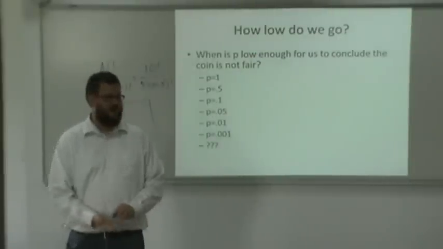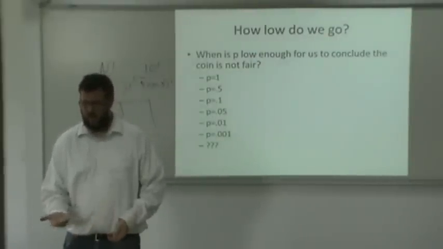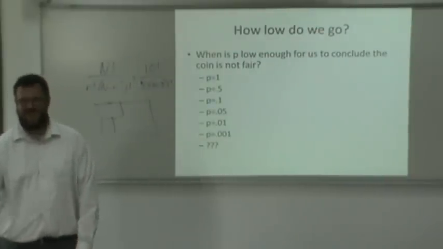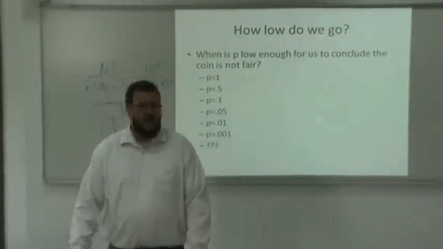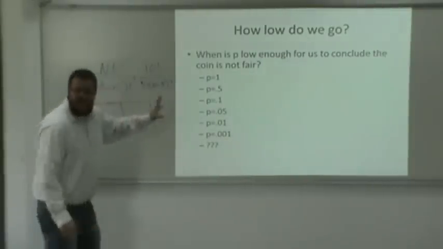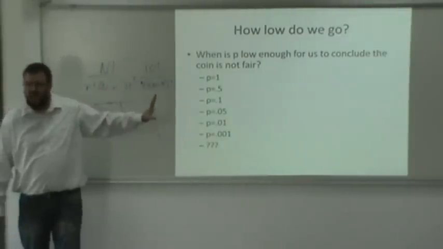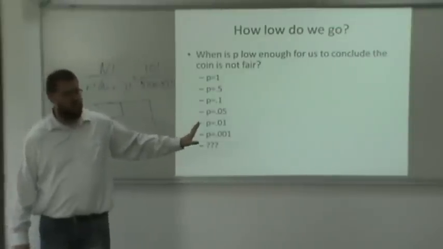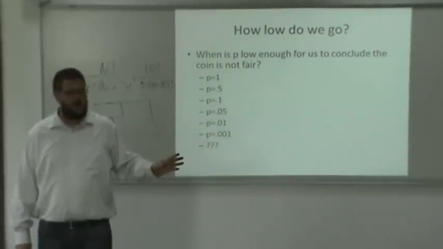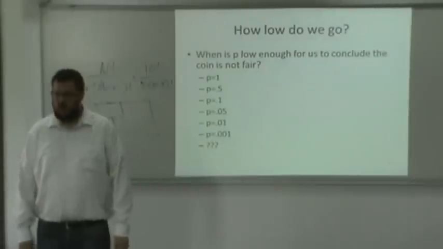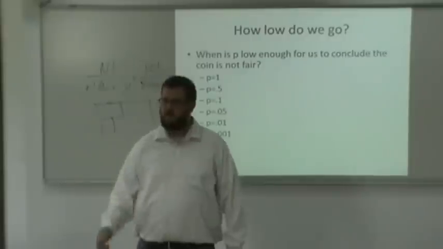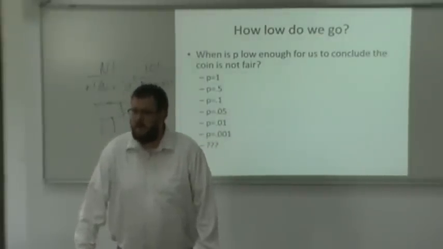It was heads. 10 and 10, right? The p-value for that was 0.002. Is that low enough? Are you willing to say, yeah, the null hypothesis is probably wrong, the coin is probably not fair?